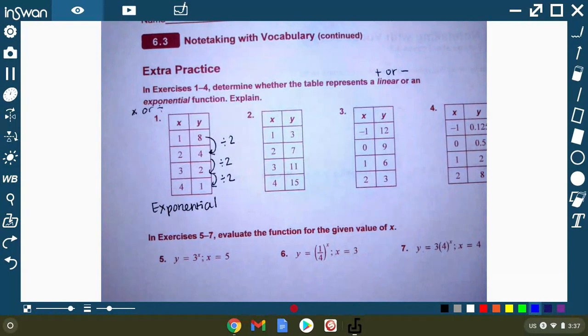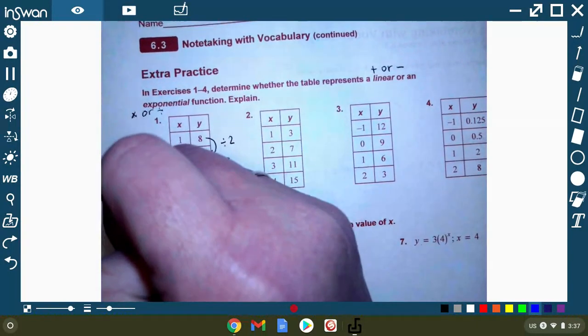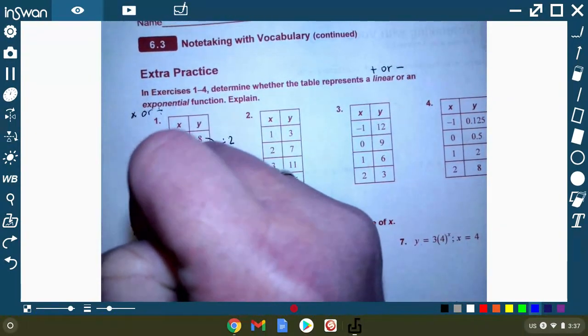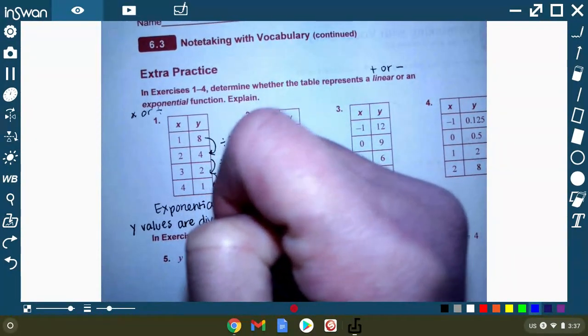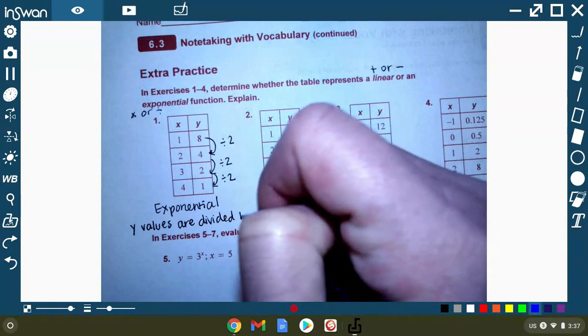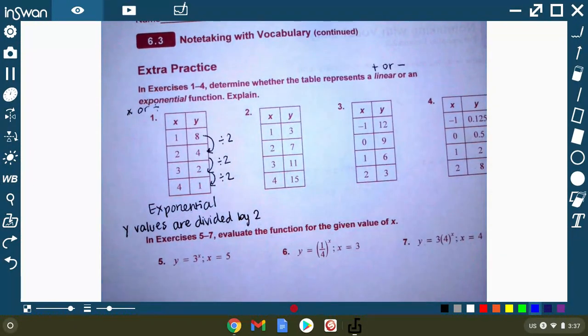So I'm going to label it as exponential, and then I can put the y values are divided by 2. And in the later sections, we'll learn more precise vocab of what we're looking for. For now, it's just kind of seeing what the y values are doing.